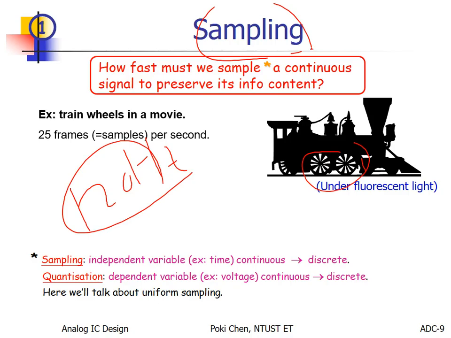If they are not LED, we just close all those screens and shadow the sun, because the light from the sun is continuous. It doesn't blink.